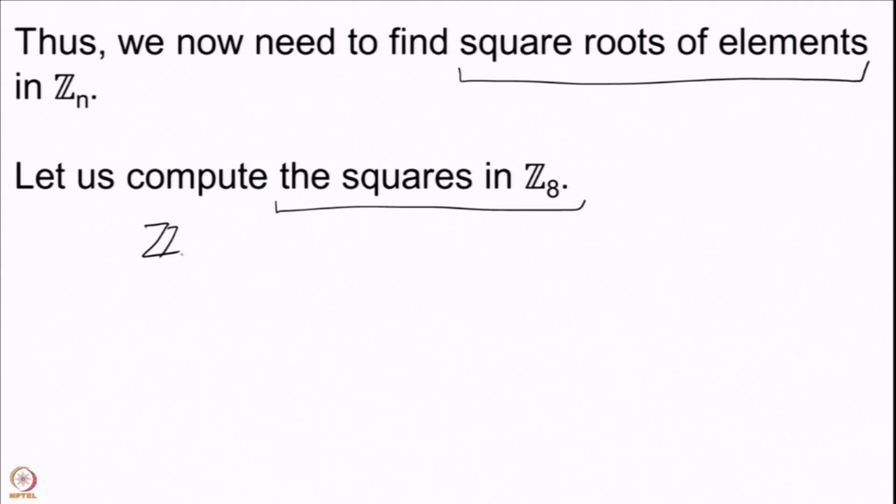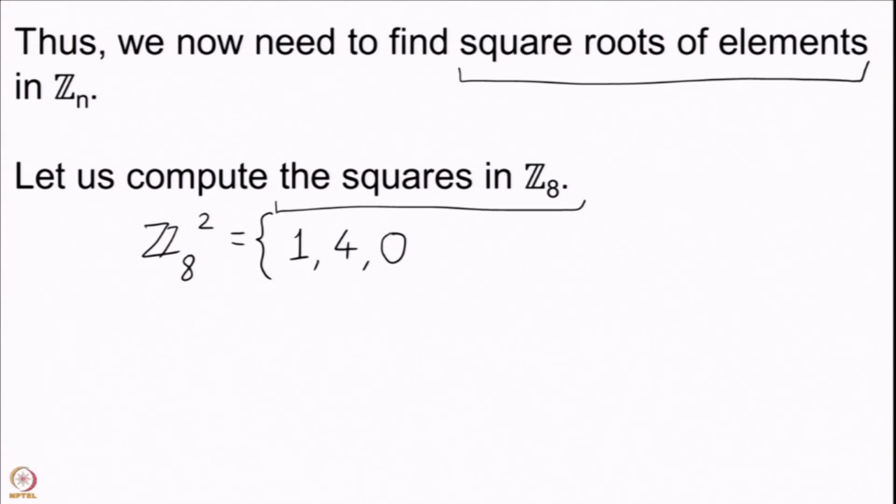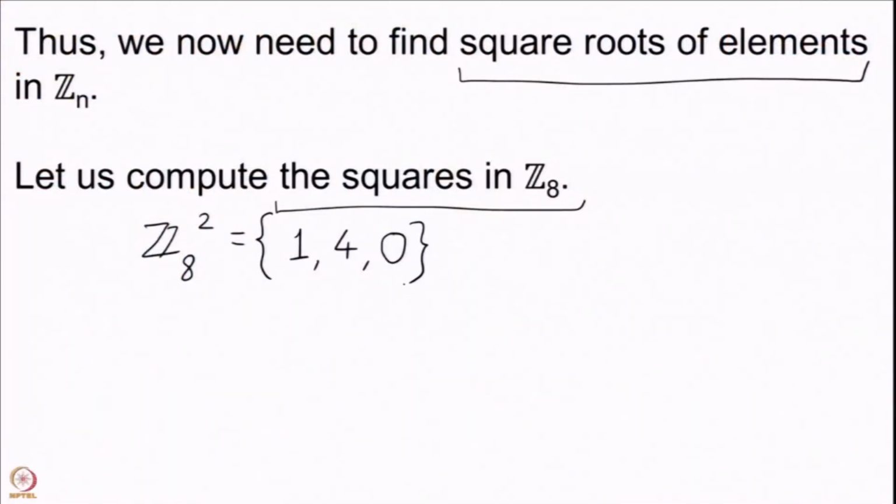So, if you write the elements of Z8 and then we compute the squares, 1 squared is 1, 2 squared is 4, 3 squared is also 1 because 3 squared is 9, modulo 8 it is 1, 4 squared is 16 which is 0, 5 squared is 25, which is 1, 6 squared is 36 but modulo 8 it is again 4, 7 squared is 1 and 8 squared is 0. So, these are the only squares in Z8.